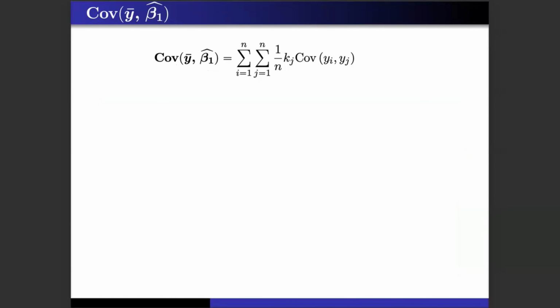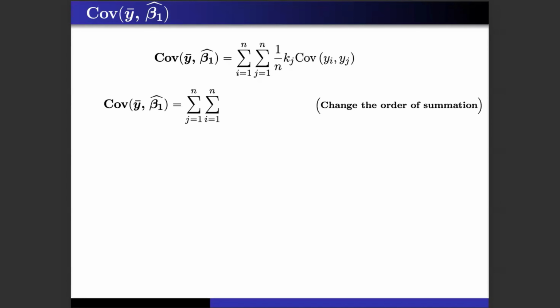All right. So far we have covariance y bar comma beta 1 hat is equal to summation over i, summation over j of 1 divided by n kj covariance yi comma yj, and we get this using the bilinearity property of covariance. In the next step, we change the order of summation. So we have summation over i and then summation over j in the first line. In the second line now, we have changed the order.